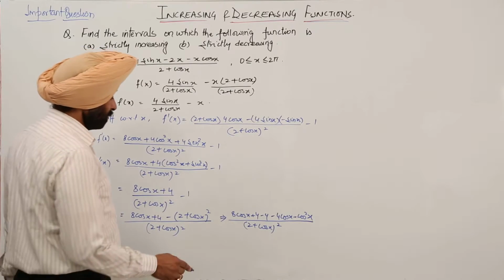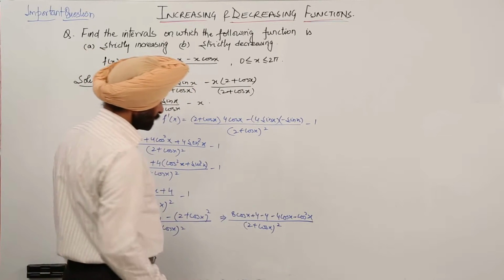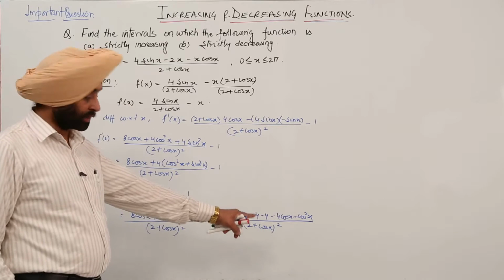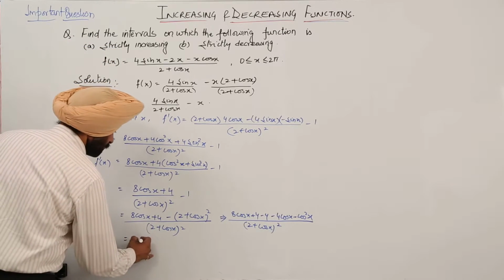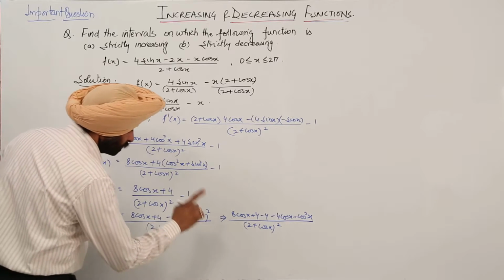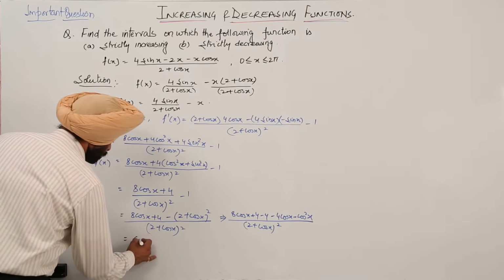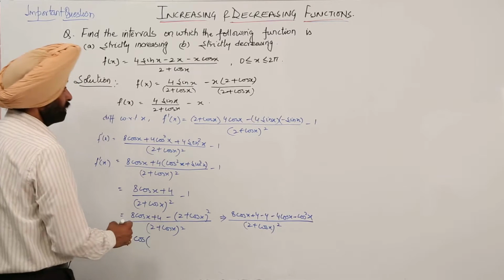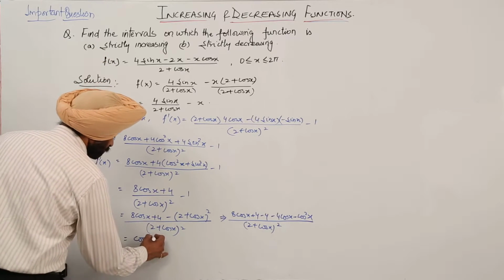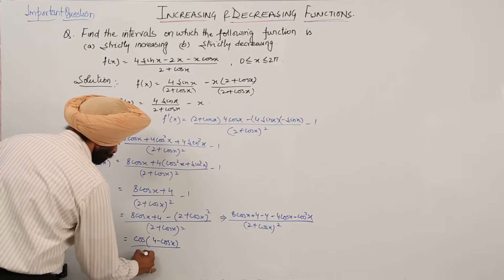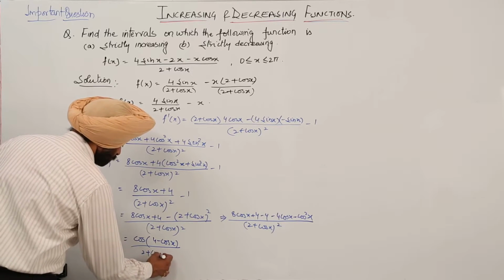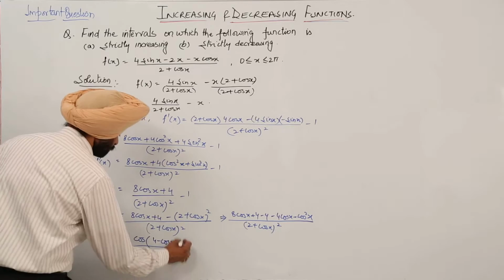Now this 4 and 4 cancel. 8 cos x minus 4 cos x is 4 cos x, minus cos square x. So we have 4 cos x minus cos square x, which becomes cos x common, 4 minus cos x, upon 2 plus cos x whole square.